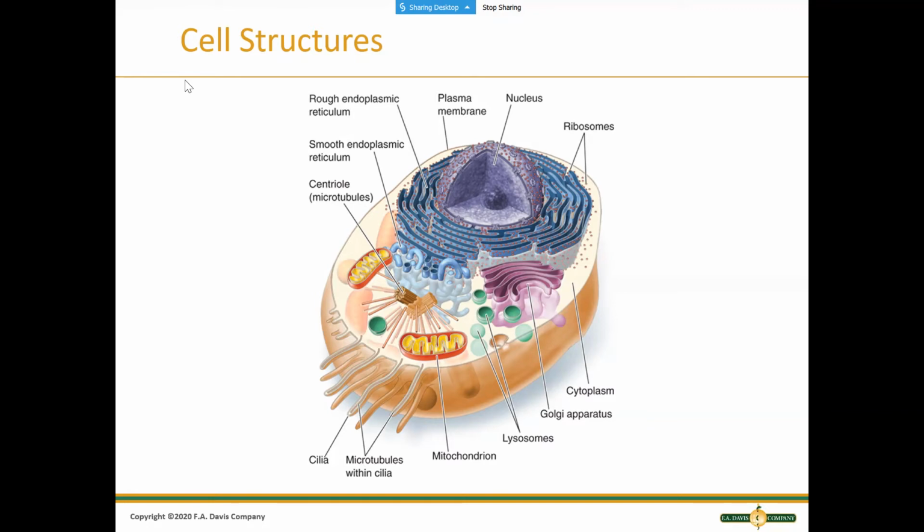Mitochondria at one point in time were their own distinct single cell organism that evolved to use oxygen. Somewhere along the line, millions of years ago, mitochondria figured out how to take this extremely toxic gas in the atmosphere and use it.